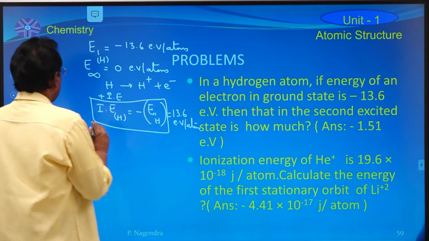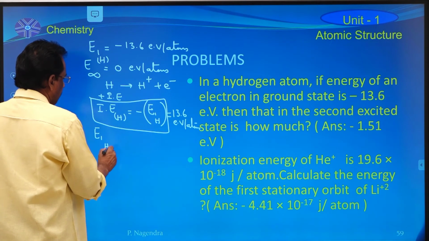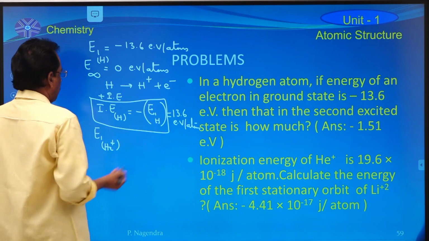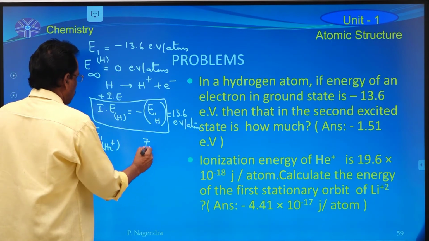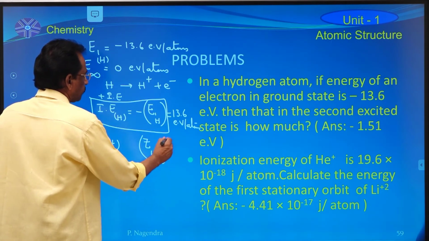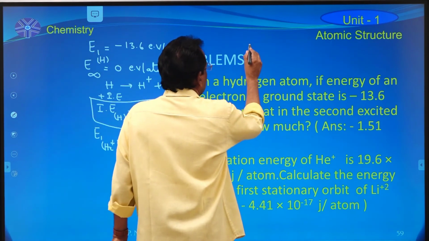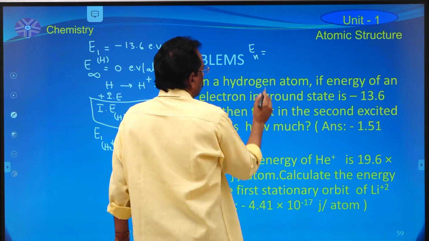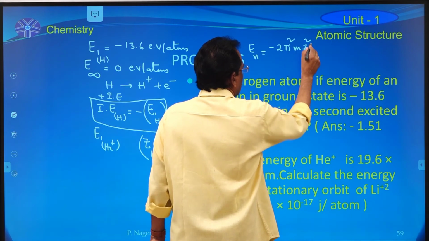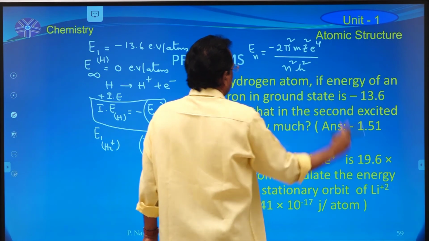Therefore, the E1 of He plus is directly proportional to Z square, the atomic number of He plus whole square, because according to Bohr's theory, En is equal to minus 2 pi square m Z square e power 4 divided by n square h square.